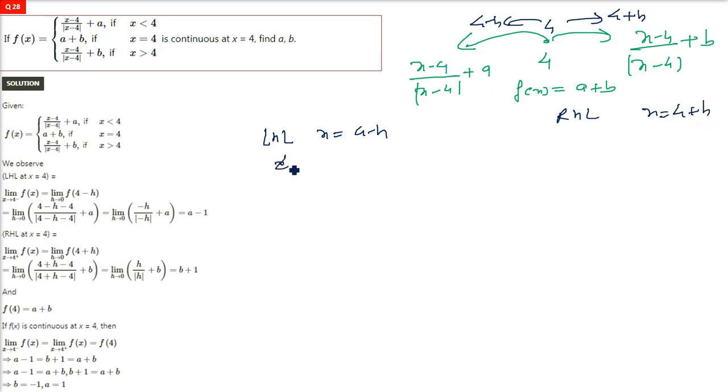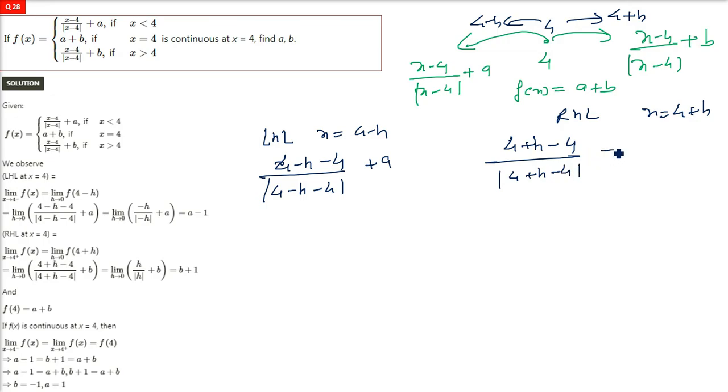Just put it here. So 4 minus h minus 4 over modulus of 4 minus h minus 4, and plus a. And here 4 plus h minus 4 divided by 4 plus h minus 4, and plus b.